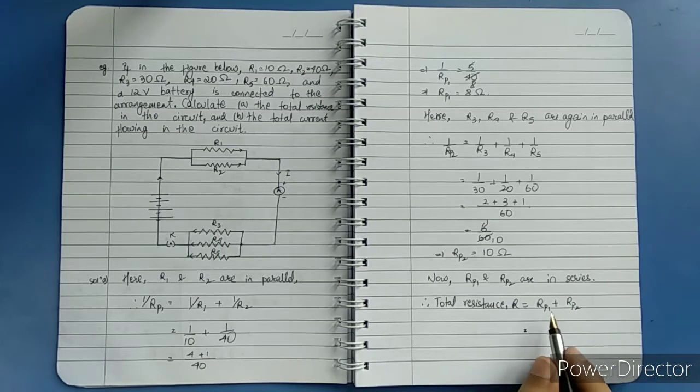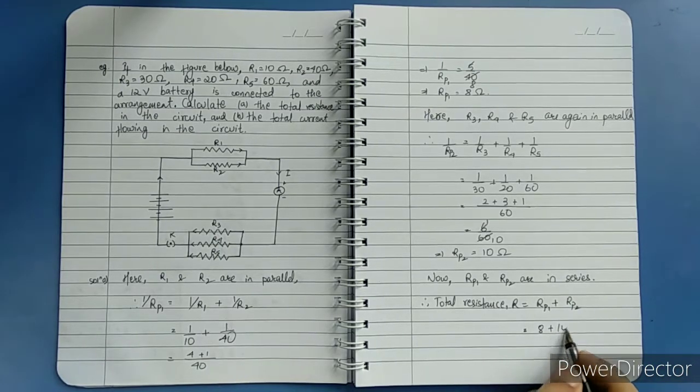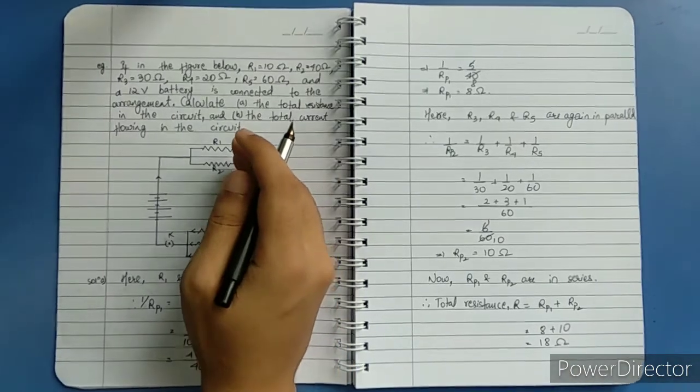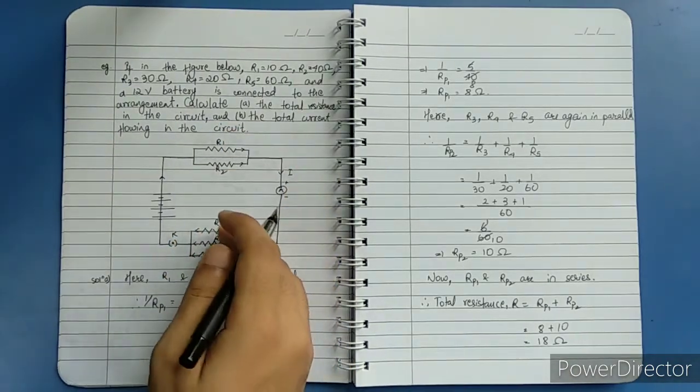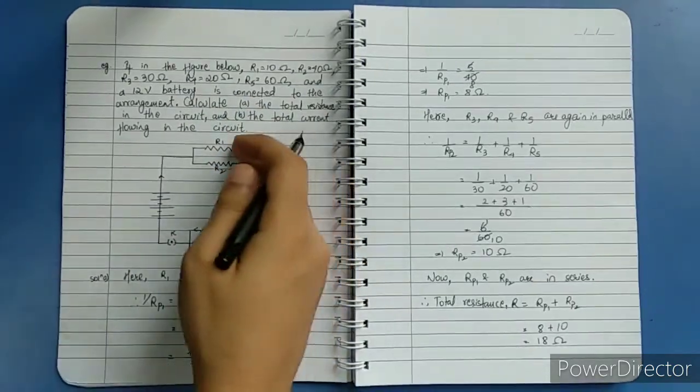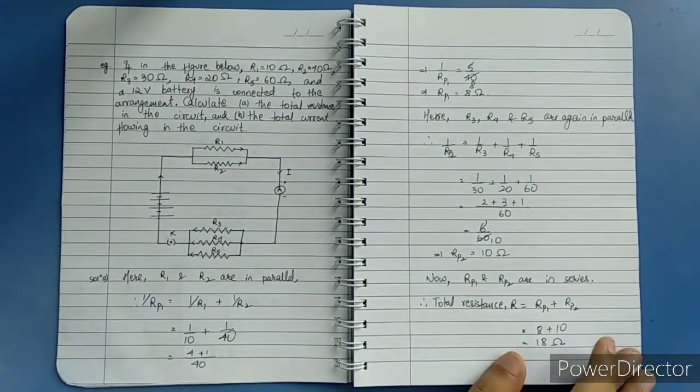So this is equal to 8 plus 10, which is equal to 18 ohm. So this is how we get the total resistance when there are two different series connections, and this connection and this connection are connected in parallel.